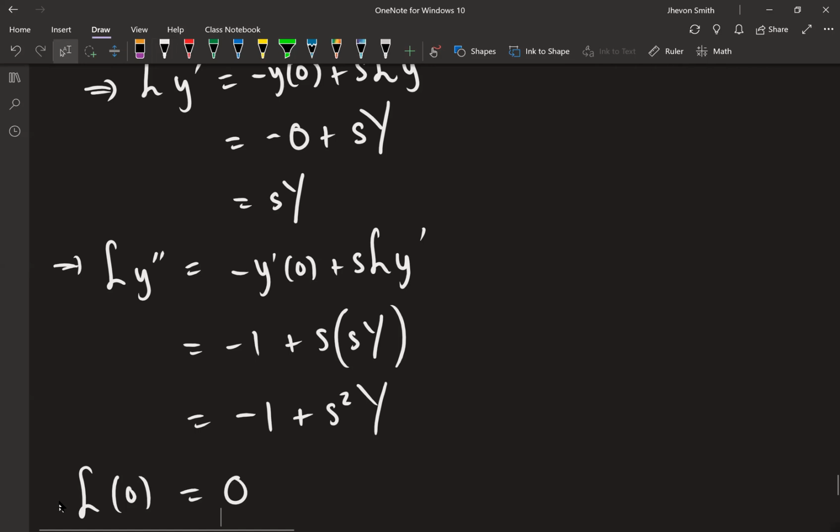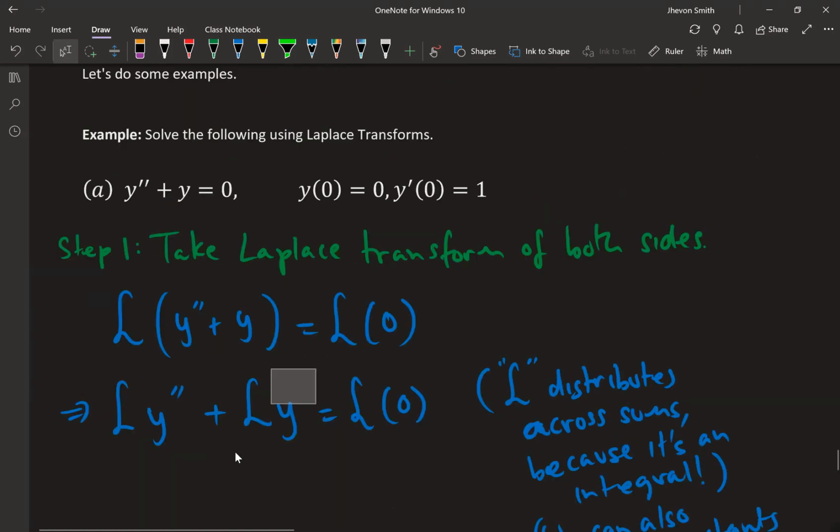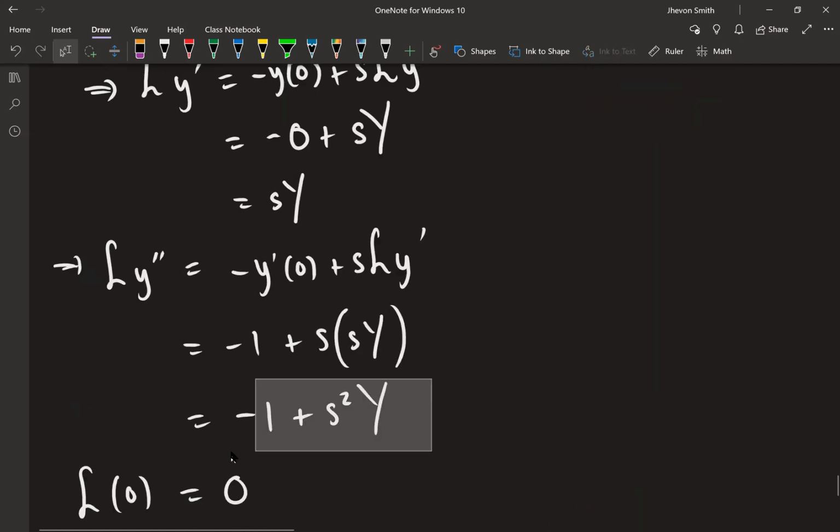So I found the Laplace transform of everybody. The Laplace transform of y I call big Y. The Laplace transform of 0 is 0, so the right side is going to be 0. The Laplace transform of y double prime is this guy right here, which I found using the recursive formula.